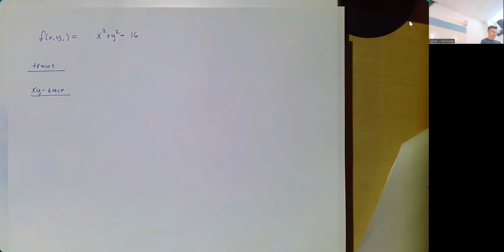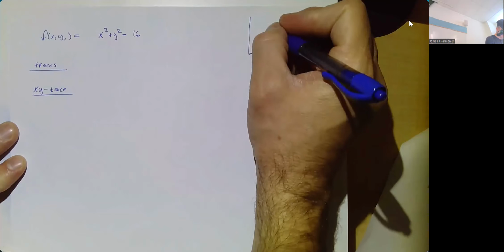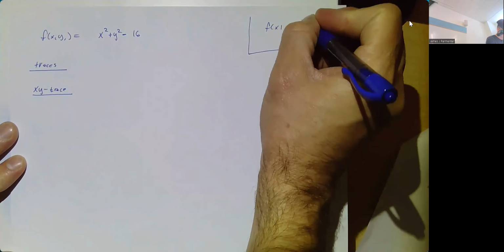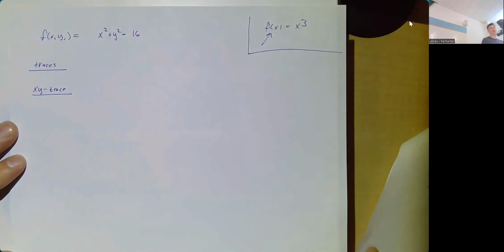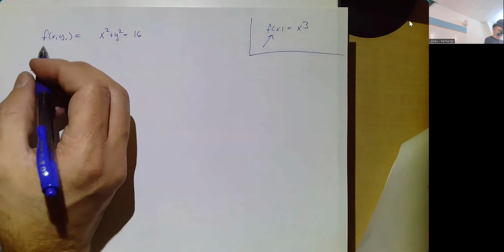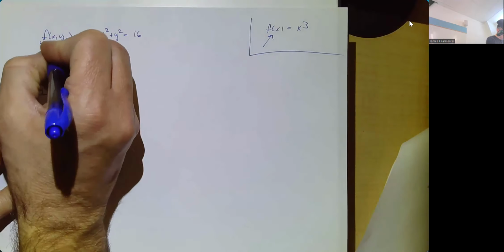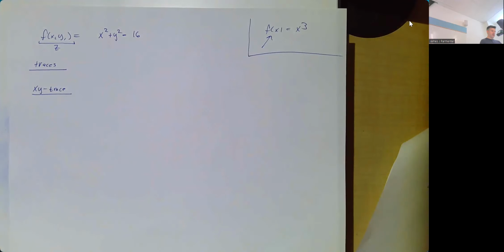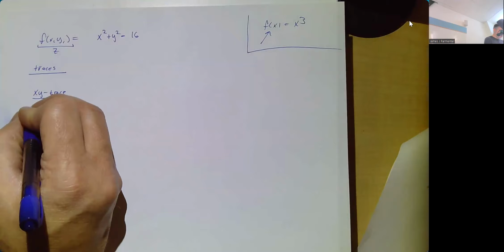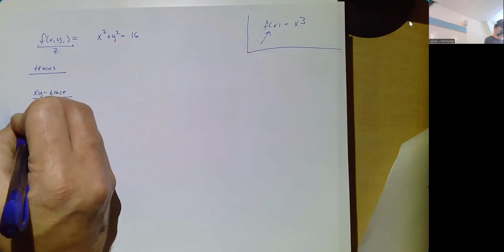Z. I don't see a Z there. When I write in 2 dimensions, f of x equals x cubed, what do we also call f of x? Y. Same deal here. We're thinking of this as our Z, our output. So in the xy trace, we're going to set Z equal to 0.